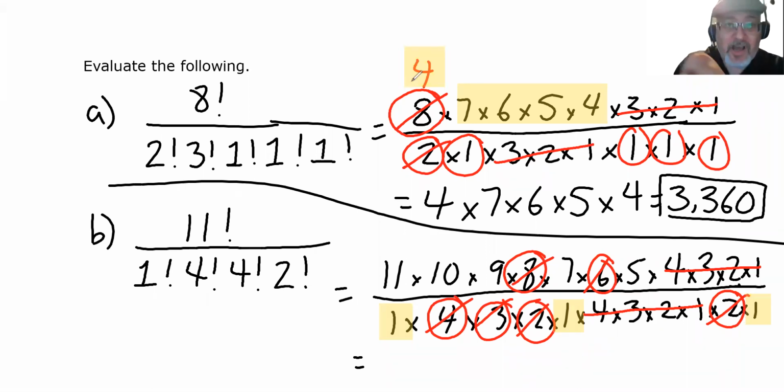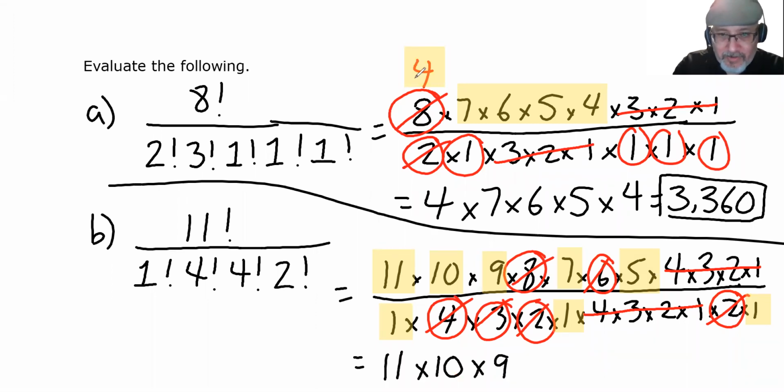Who survived on the top? The 11, the 10, the 9, the 7, the 5, and I believe that's it. 11 times 10 times 9 times 7 times 5.